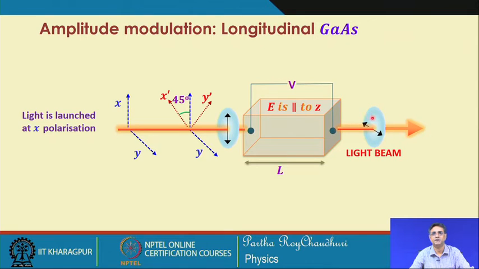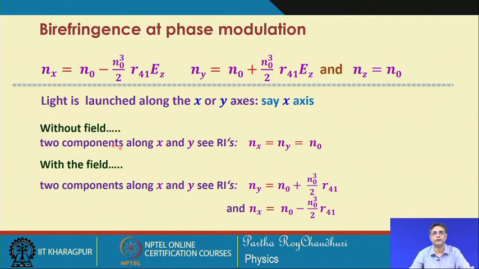If you place an analyzer which is crossed with the input, then the light will be periodically modulated with the frequency of the input signal. So, this is the configuration: light is launched along the old x axis, and it will be shared by the two orthogonal polarizations which are the new principal axis system of the crystal. Then it propagates, develops a phase delay, there is a cross polarizer, and you get a modulated output.